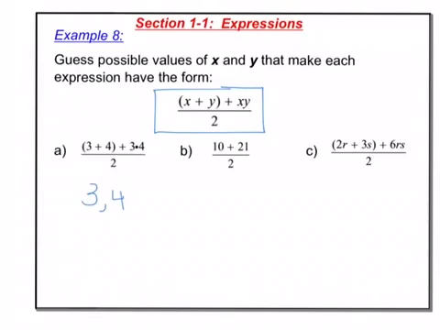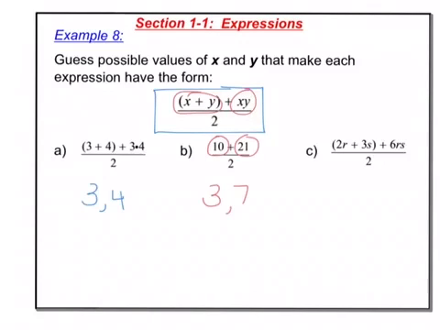If you look at B, this might remind you a little bit of factoring, which we'll talk about later on. We need two numbers that have a sum of 10 and a product of 21, and that's going to be 3 and 7. Okay? And the last one here, they throw a couple extra variables in.